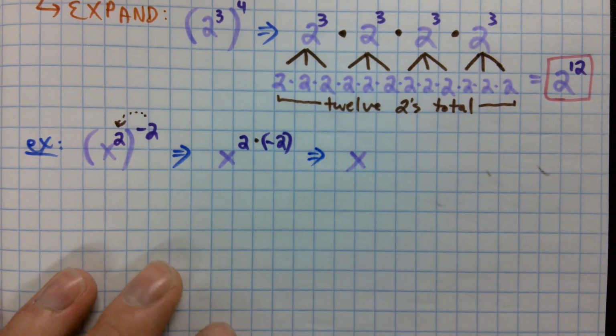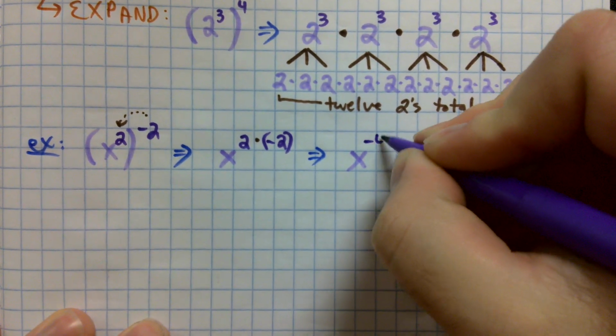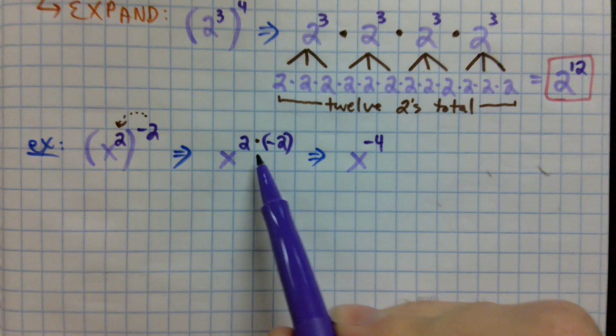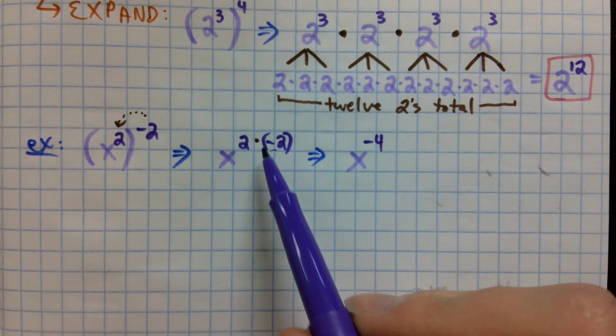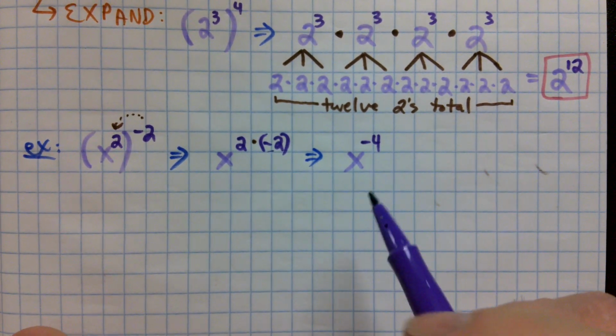What do we get when we multiply 2 times negative 2? x to the power of negative 4. That's right. 2 times 2 obviously is 4, and a positive times a negative gives us a what? A negative, good.